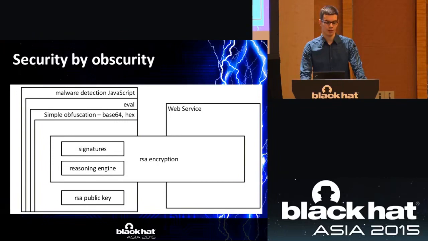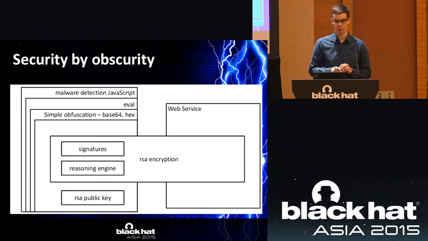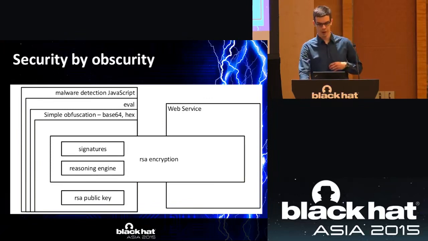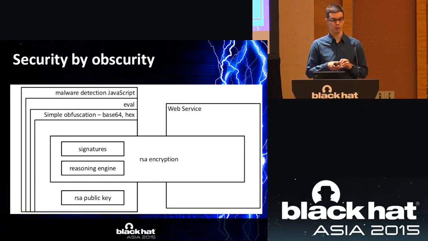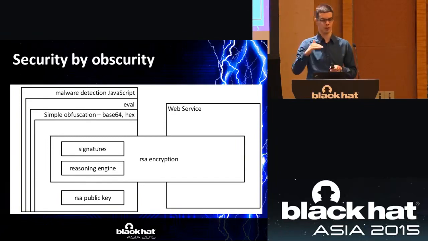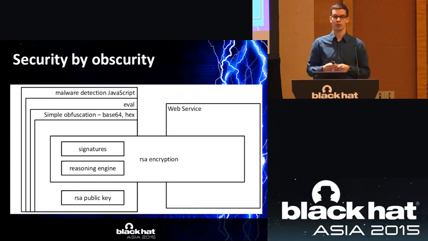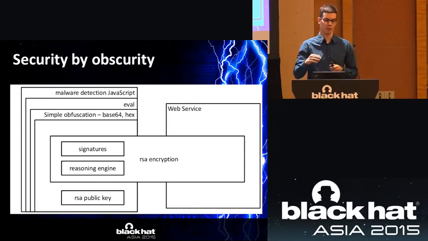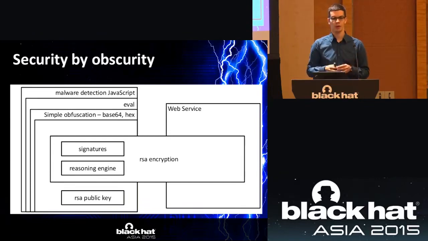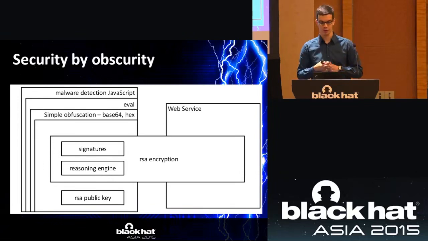In case of these solutions, it's still a fight between anti-malware solutions and malware itself, but it should be done in a way that is quite difficult to understand. We found either solutions with no obfuscation at all, so the logic was quite clear about what it does and how it works, or the obfuscation was quite easy to deobfuscate, for example one layer only, some eval with a hexified string. So it was quite easy to get to the logic and, for example, to see the signatures embedded there.